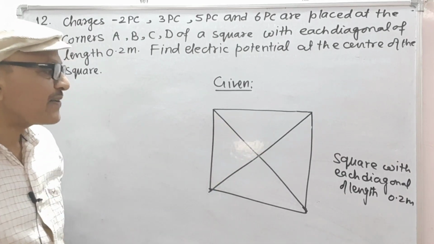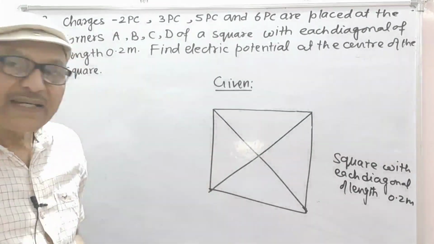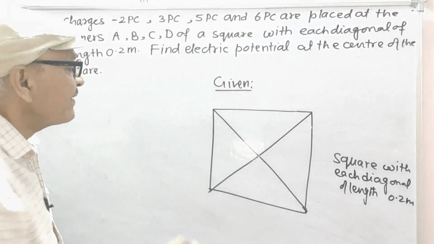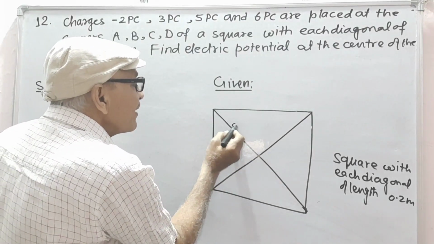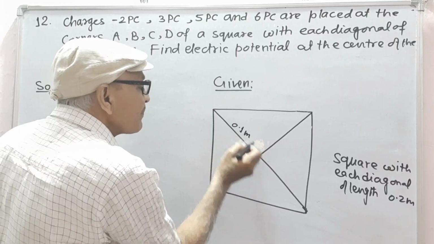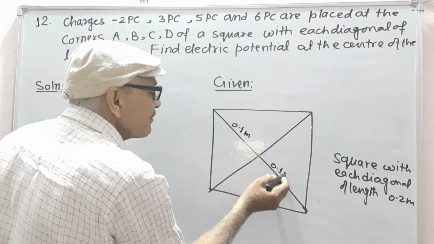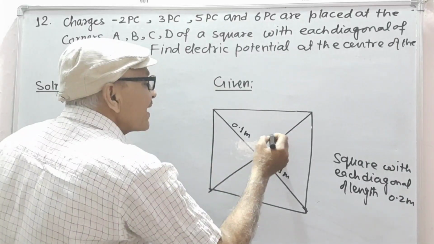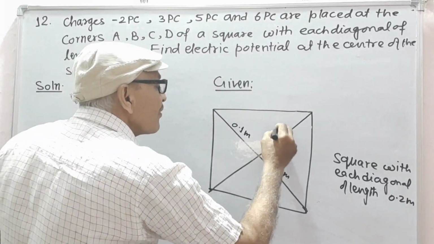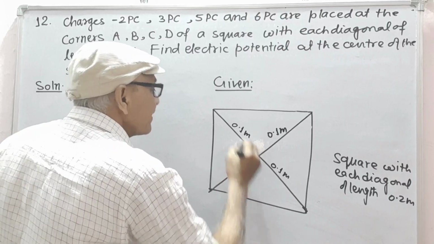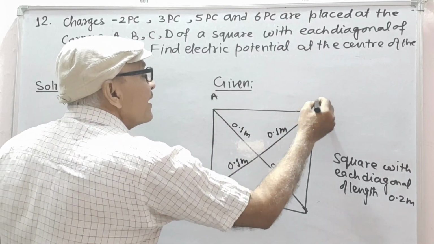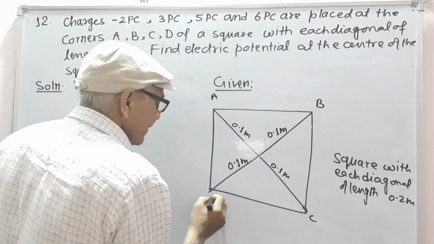These two diagonals will perpendicularly bisect each other. Therefore, each half diagonal will be 0.1 meter. This is A, B, C, D.